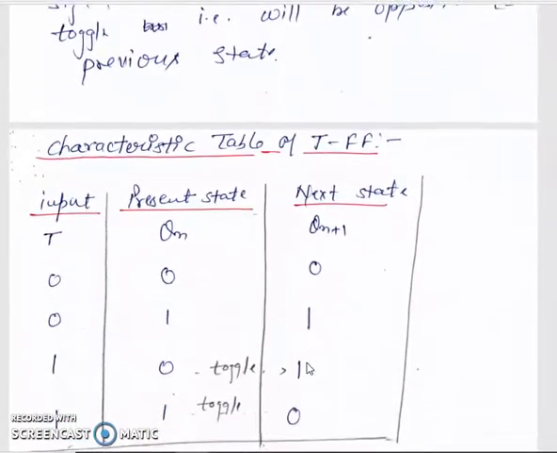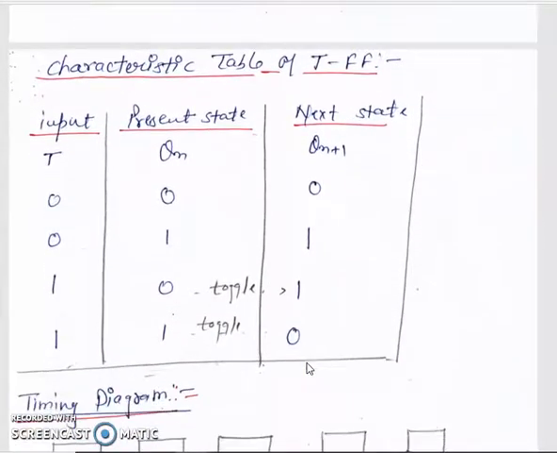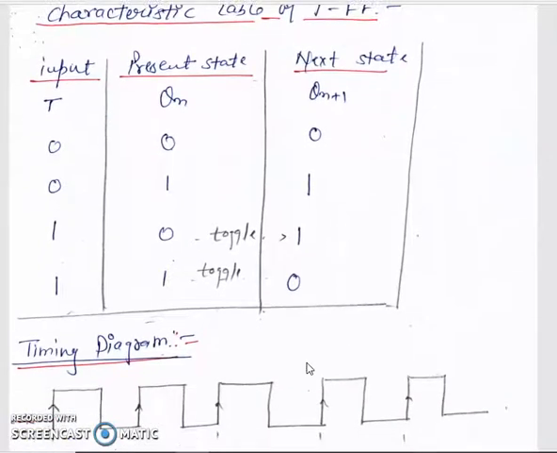Okay, the characteristic table of the T flip-flop using the truth table. The characteristic table contains our inputs, present state and next state. Dear students, remember the contents of the characteristic table of the JK flip-flop. T has the combination 0 and 1, with present state 0 or 1 for both combinations.